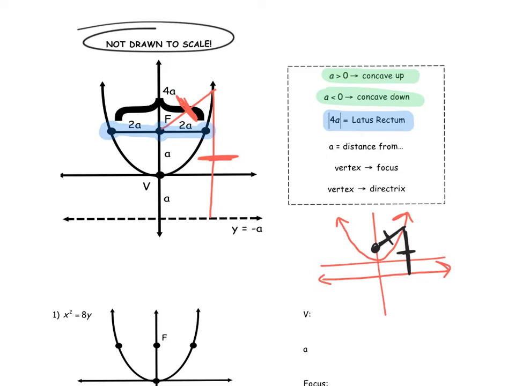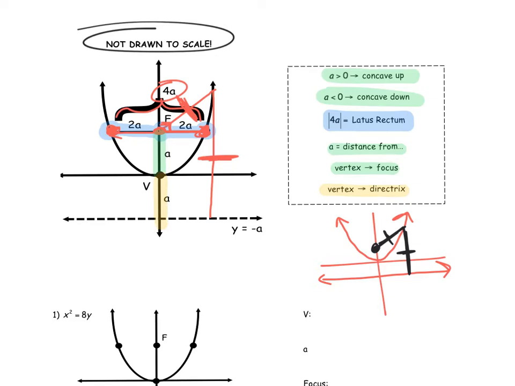So if we take the midpoint, being the focus, and we extend from the focus at a 90-degree angle to the point on the parabola, and then again at a 90-degree angle from the focus, with the focus being the midpoint, to the other point on the parabola, this length from here to here is 4a, where a is the distance from the vertex to the focus, and then also from the vertex to the directrix. So these both have the same length values.